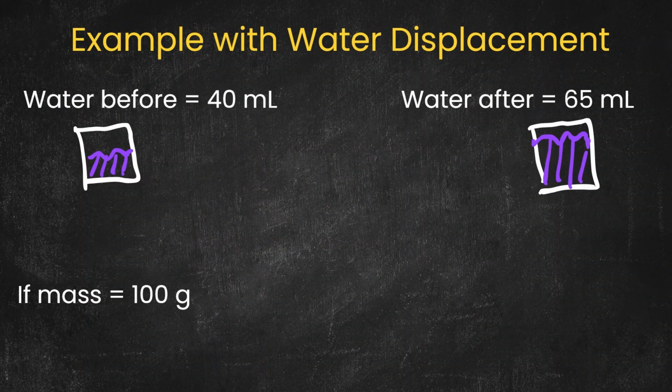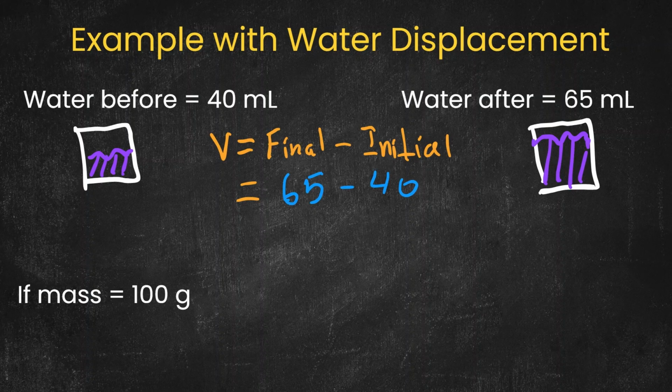Let's practice an example of water displacement. Let's say the water before was 40 milliliters, and then after dropping this object, the water after is now 65 milliliters. Once you see differences in volume, you are dealing with water displacement. So don't forget, to find the volume, you need to subtract the final minus the initial volume.